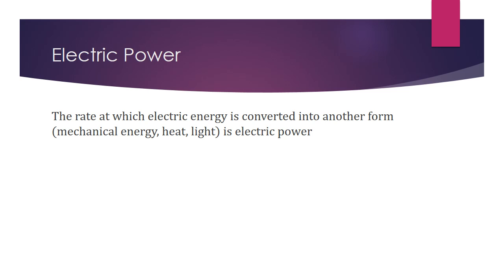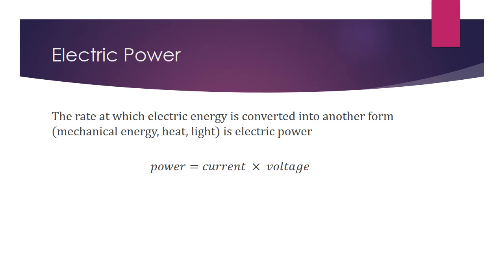So how fast electric energy is converted from one form to another is electric power. Okay, so you have mechanical energy. You can take mechanical energy and change that into electric power. You can take heat and change it into electric power. You can take light into electric power. And that formula is: power is equal to current times voltage.